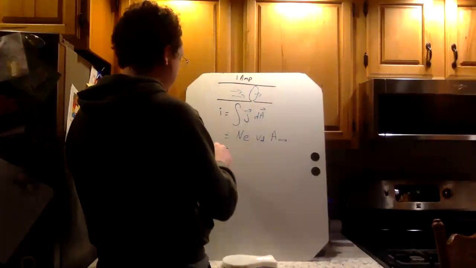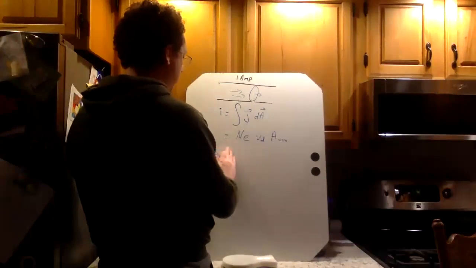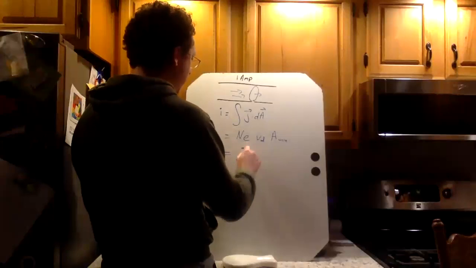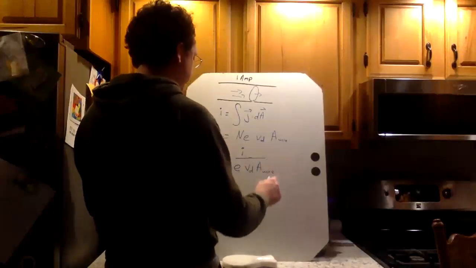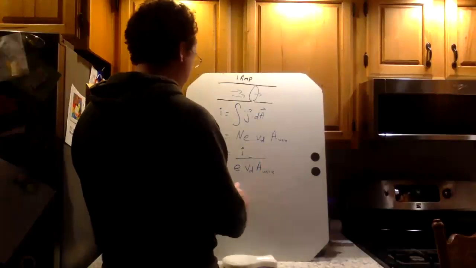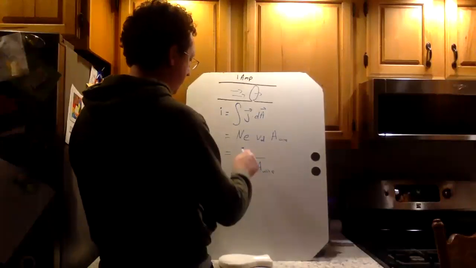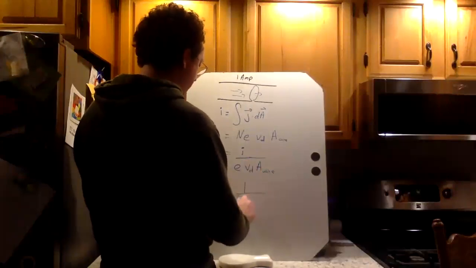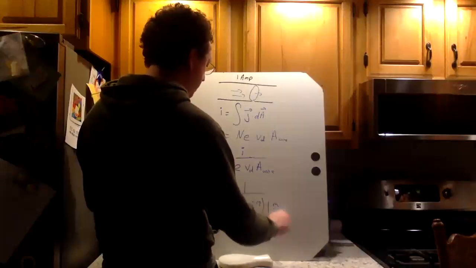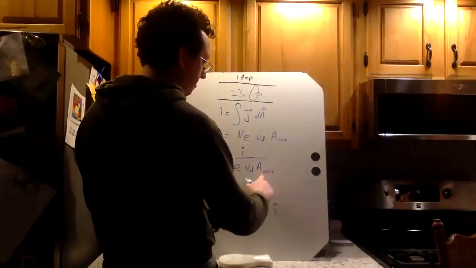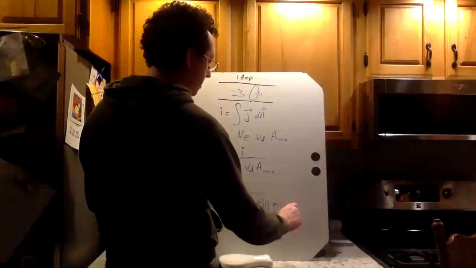So if I solve for N, that equals I divided by E divided by the drift velocity divided by the area of the wire. And so plugging in my numbers, 1 amp, over 1.6 times 10 to the negative 19 coulombs times the drift velocity 1 meter per second times the area of the wire.